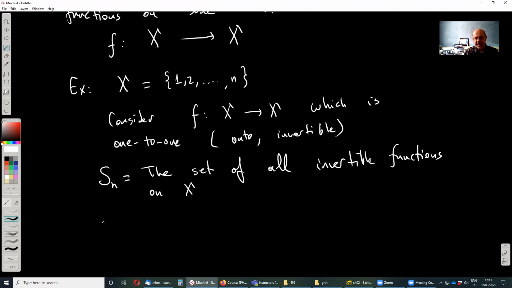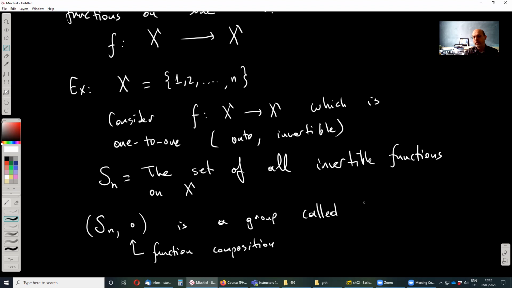In that case, Sn together with the function composition in here is a group called the symmetric group. I'll talk about this group in detail, because this is going to be a very important application.